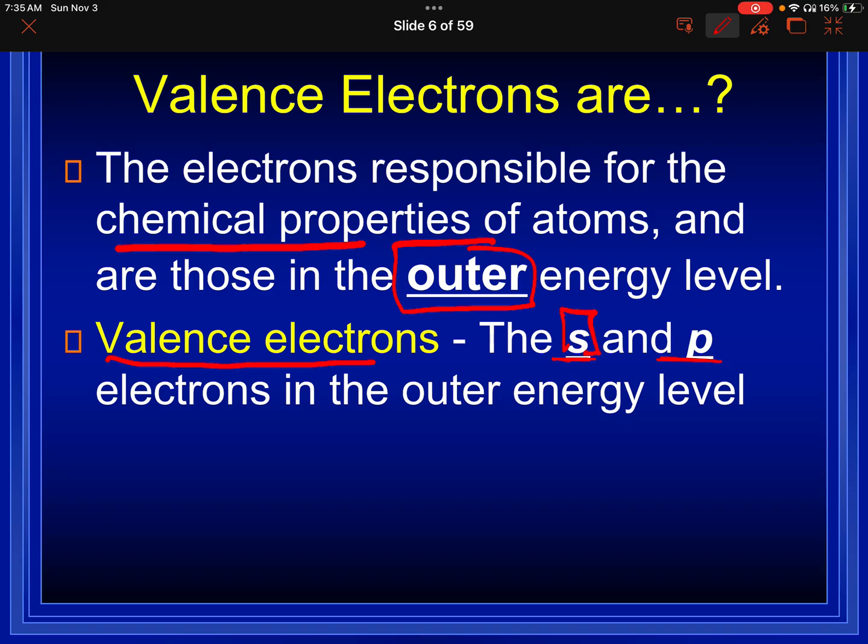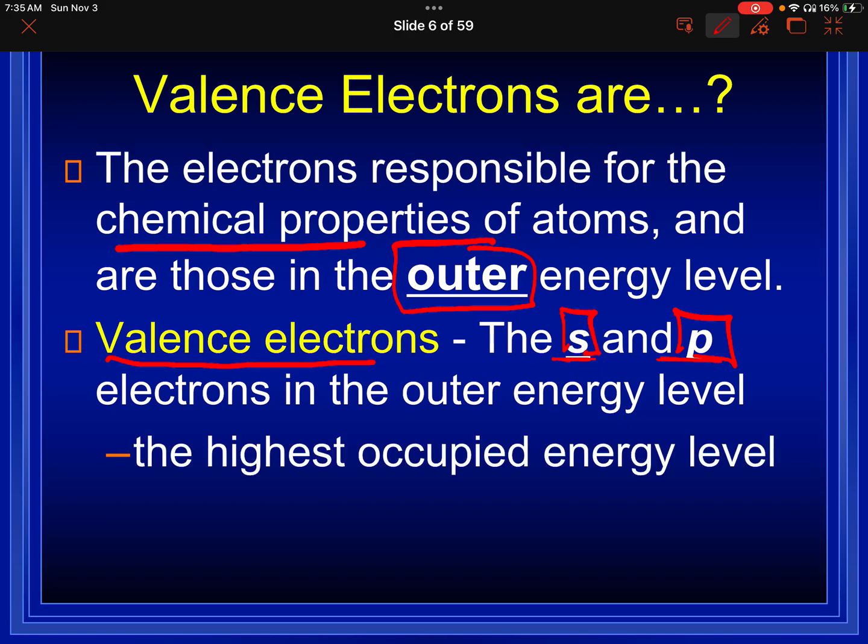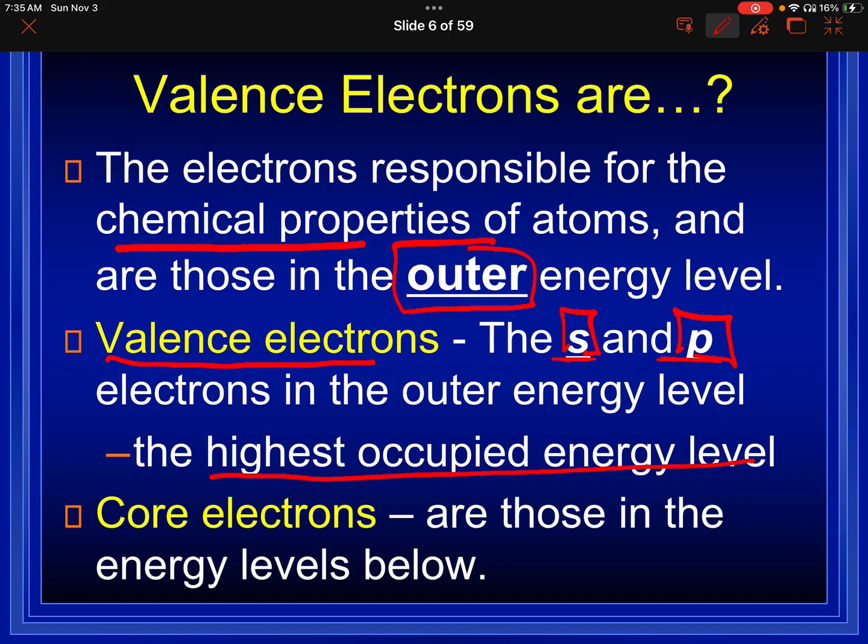We will limit our discussions to s and p valence electrons. These will be considered our highest occupied energy levels. All other electrons that are not valence, so core electrons, are not equal to valence. Every other electron is considered a core electron.